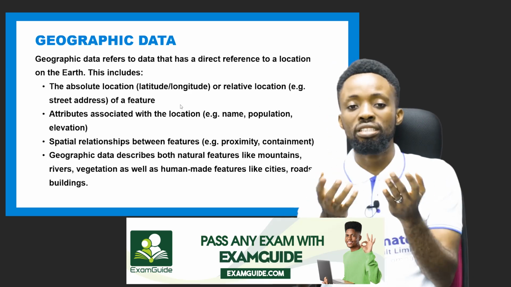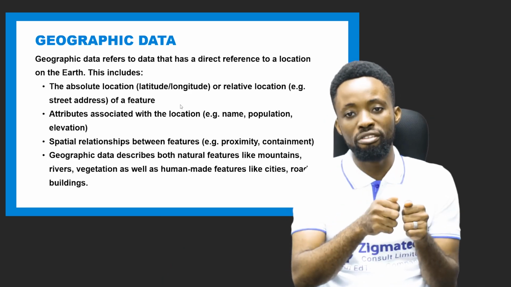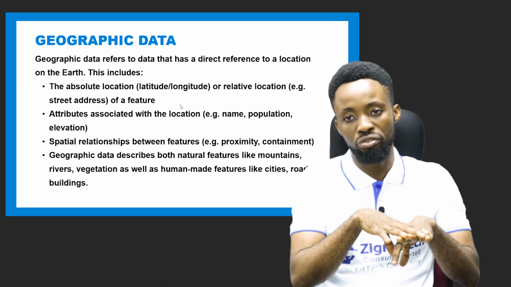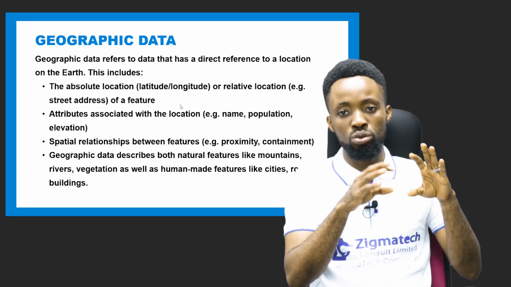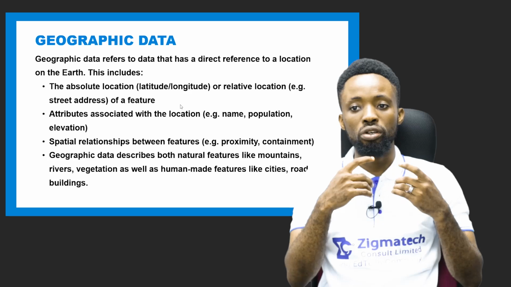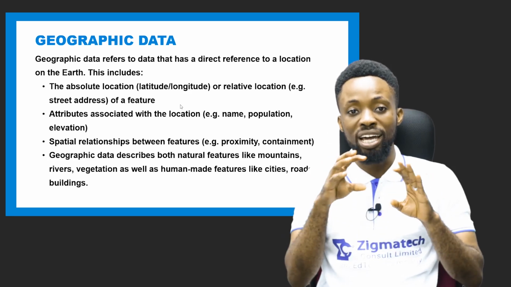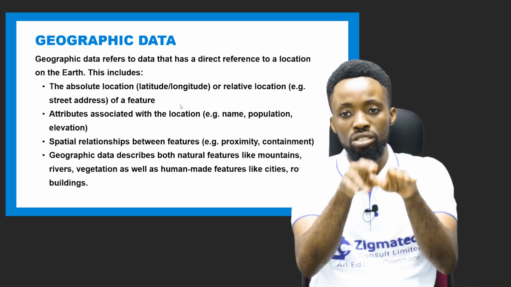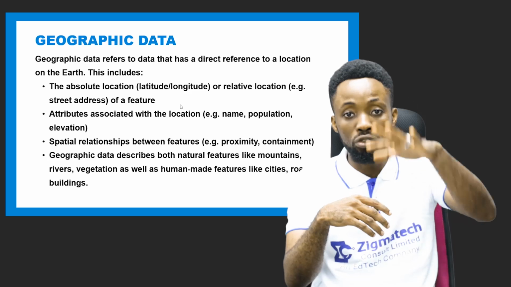Put it this way: geographic data refers to data that has a direct reference to a location on the Earth's surface. When we talk about direct reference to location on the Earth, we're talking about coordinates like latitude and longitude. We're talking about attributes linked to a particular location, like people's names, population, and the elevation of a place.